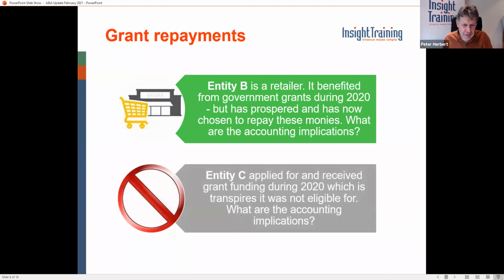Entity C applied for and received grant funding during 2020, which it transpires it was not eligible for. What are the accounting implications? And I think this is a similar scenario.